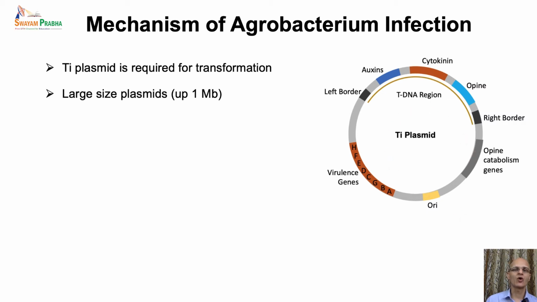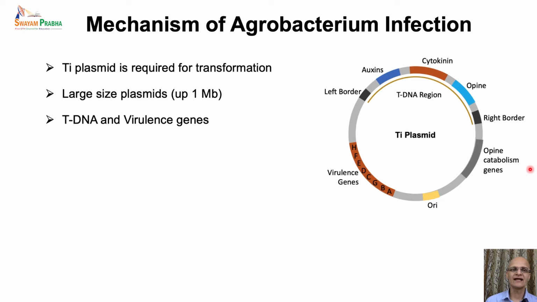Typically, it has all the elements that are required in plasmids for their multiplication and existence. However, I will focus on the major regions that are involved in the infection process. So these two regions, that is the tDNA region and the virulence region, are the two major components of the Ti plasmids that are involved in the infection process.